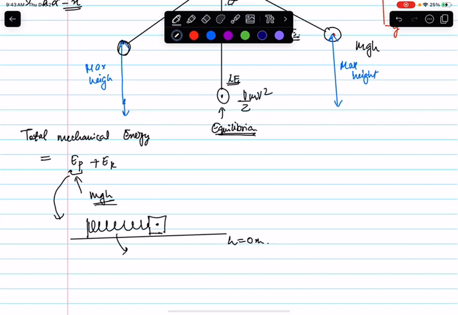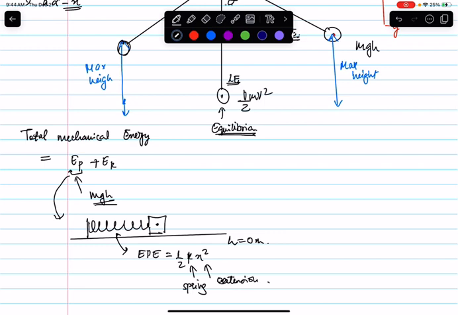It would rather come from the elastic potential energy, which is 1/2 kx squared, okay? So k is your spring constant and x is your extension.